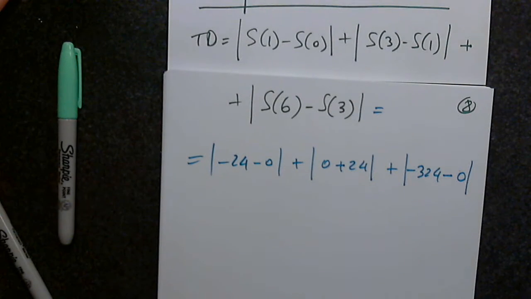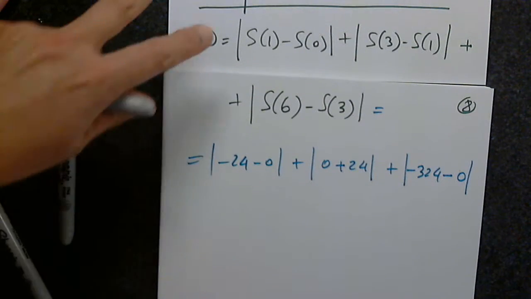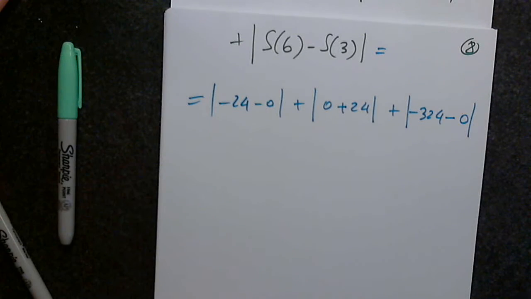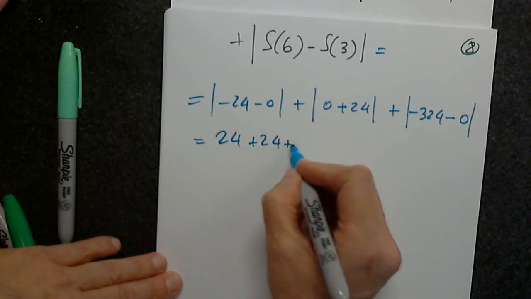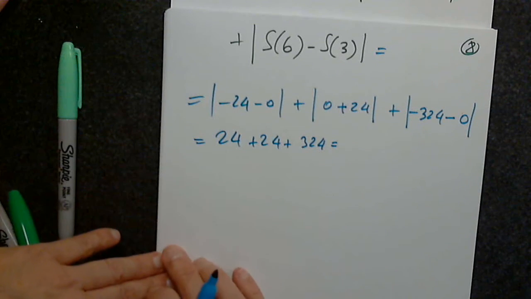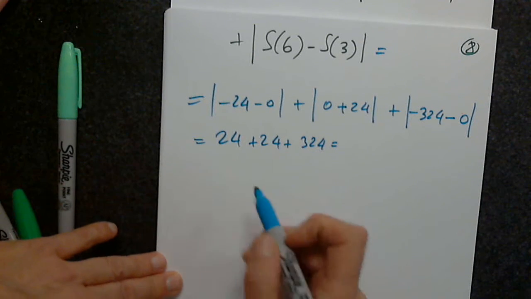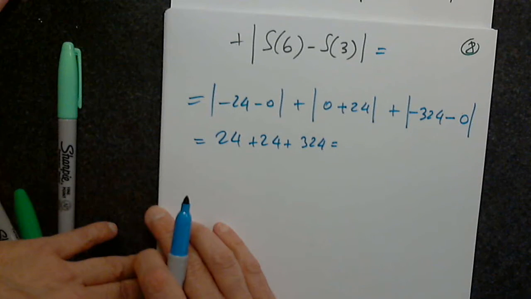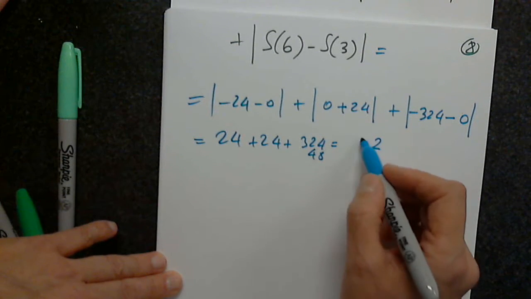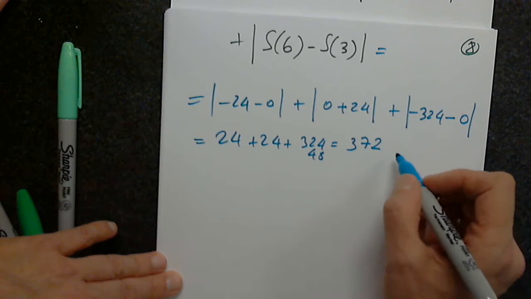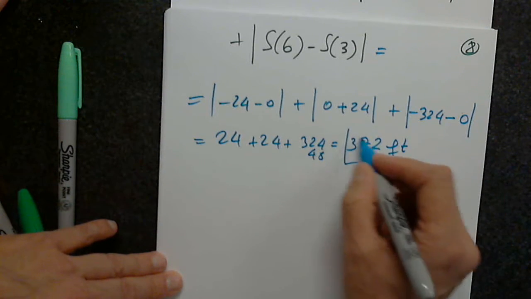So this is what I got. I have 24 plus 24 plus 324. So 24 plus 24 is 48, and 48 plus 324 is 372. And this is in feet.